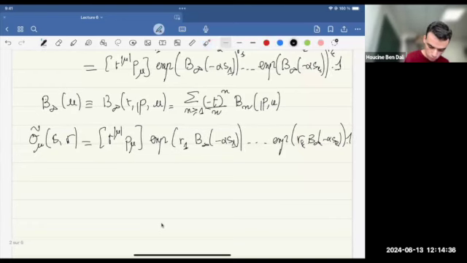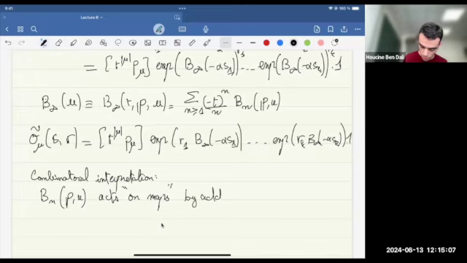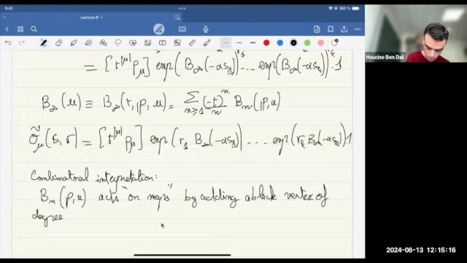To obtain this combinatorial interpretation, recall that we have an interpretation for this operator Bn of P and U. This operator acts on some weights of maps by adding a black vertex of degree n and possibly new white vertices.